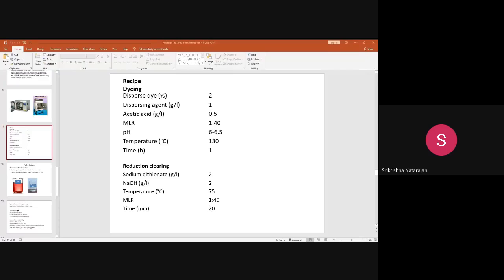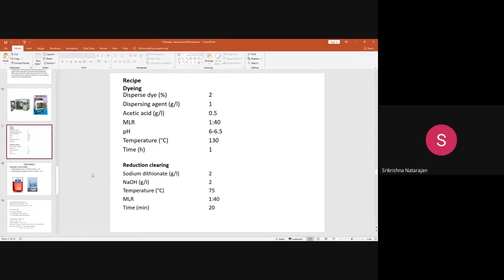So this is the dyeing recipe, and this is the reduction clearing recipe. Both these recipes I will explain to you. Here dispersed dye 2% is written, dispersing agent 1 grams per liter is written, acetic acid 0.5 GPL is written, MLR 1:40, pH is given, temperature is given, time is given.